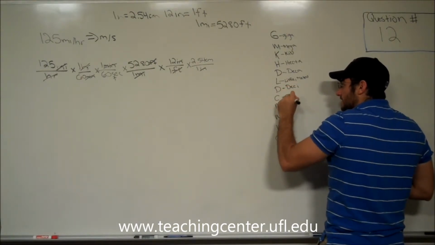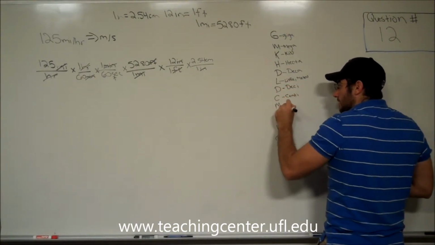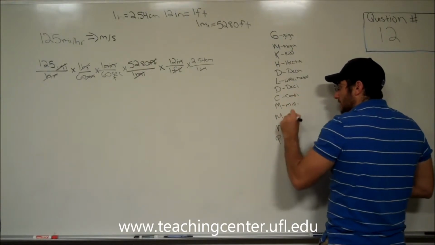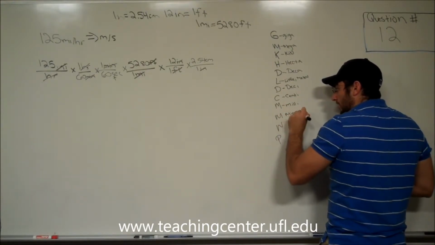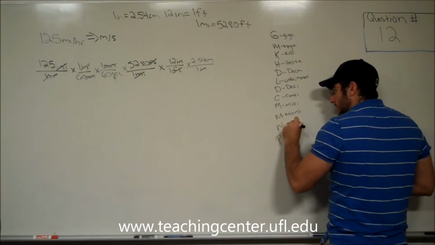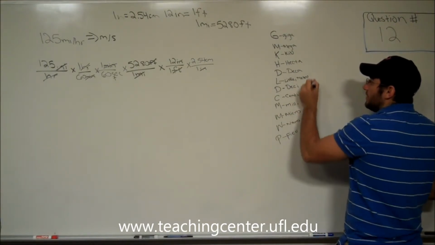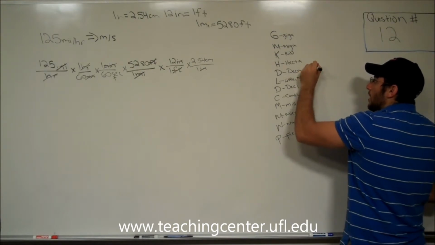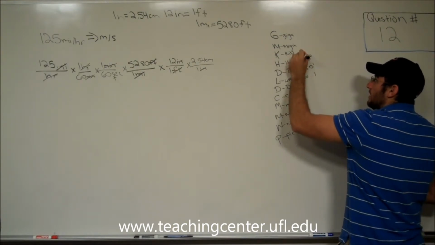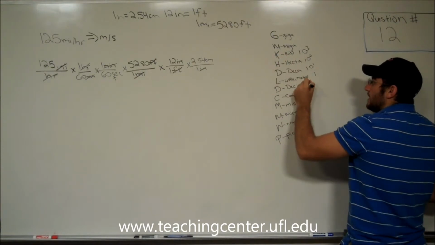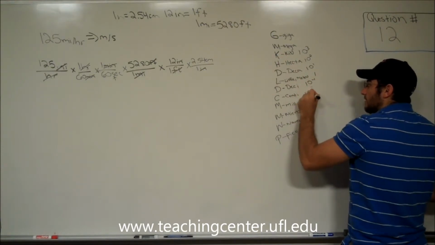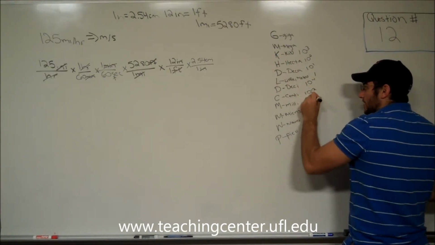Deci, centi, milli, micro, nano, and pico. So if this is 1, count up to 3: 10 to the 1, 10 to the 2, 10 to the 3, 10 to the minus 1, 10 to the minus 2, 10 to the minus 3.